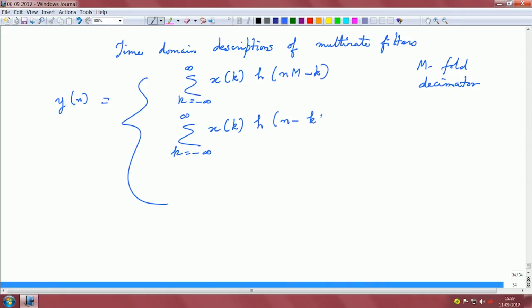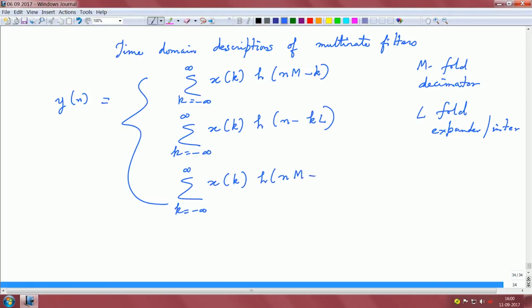It is n minus k L if it is an L-fold expander, I would say interpolator, and it is of the form x of k times h of n times m minus k times L if it is an m upon L fold decimator.